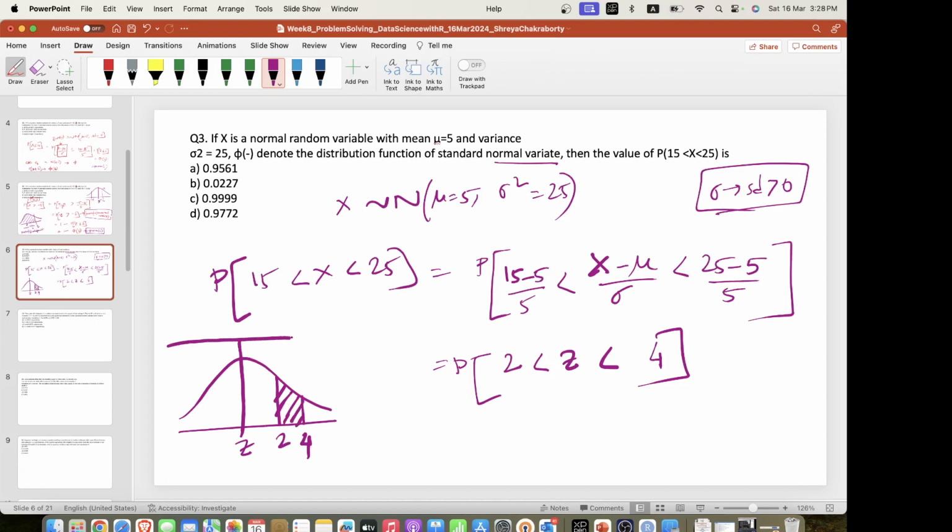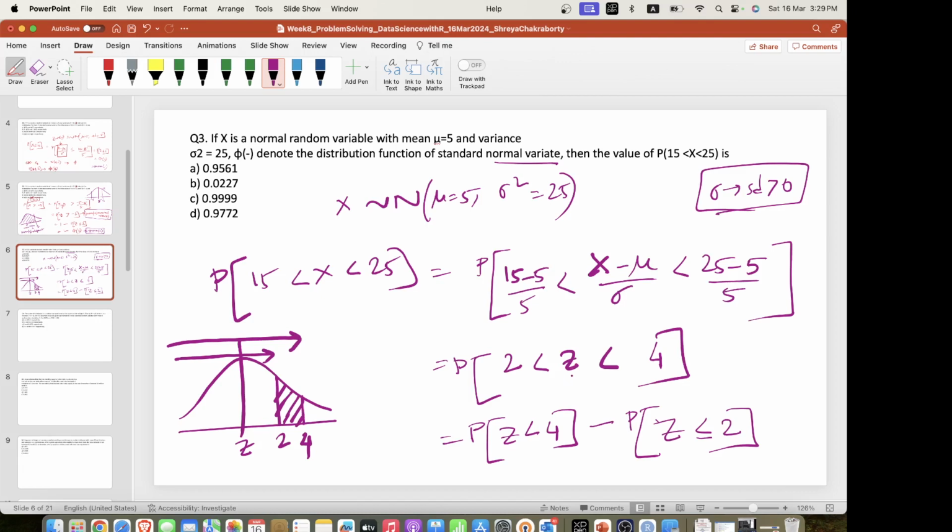I can get the total area till 4 and then subtract the area till 2. So I can write probability Z less than 4 minus probability Z less than or equal to 2. To be technically correct, less than 4 I want this area, and less than or equal to 2 I must remove.